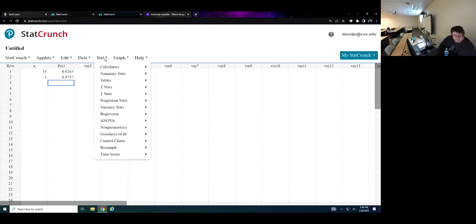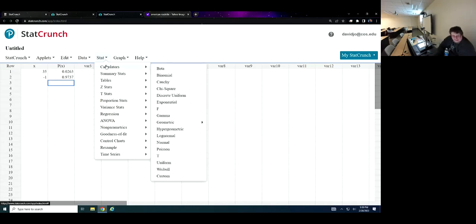Once you have the table in, you need to have the table in. Some of the homework problems, it'll upload the table for you, which is good. You want to go to stats, calculators, custom. All of these are alphabetical except custom. Custom's at the bottom.